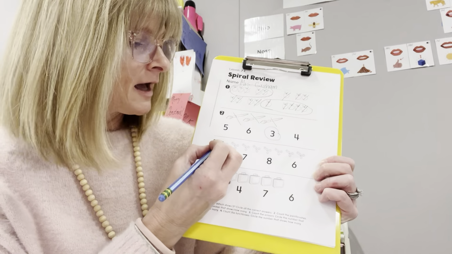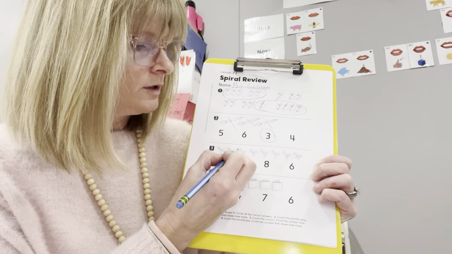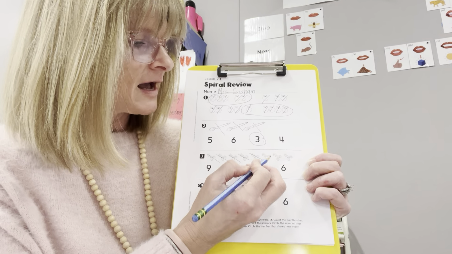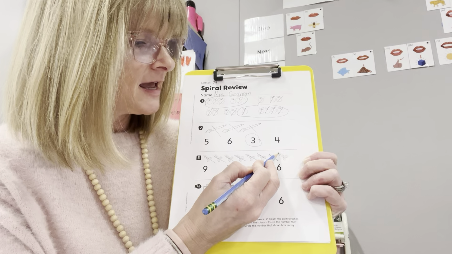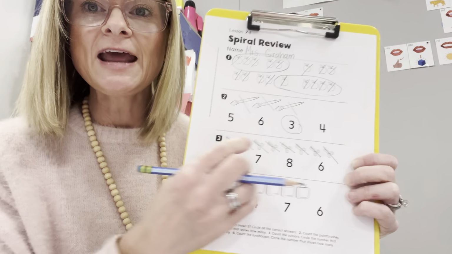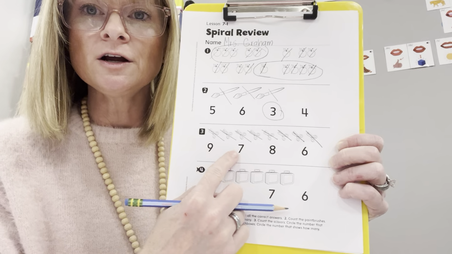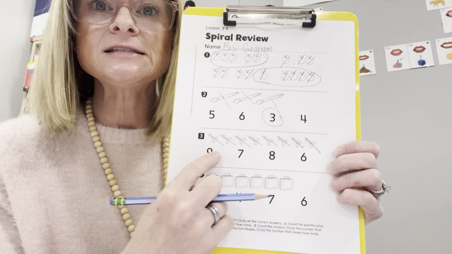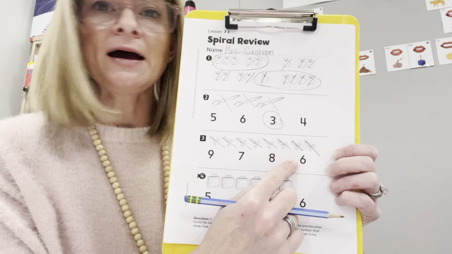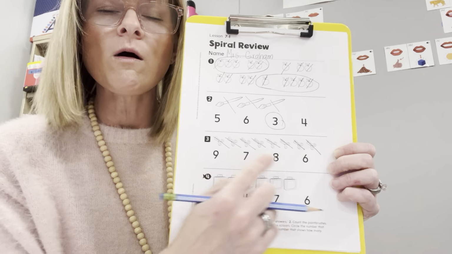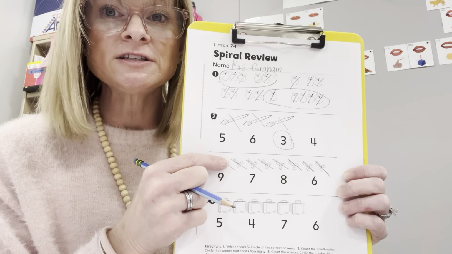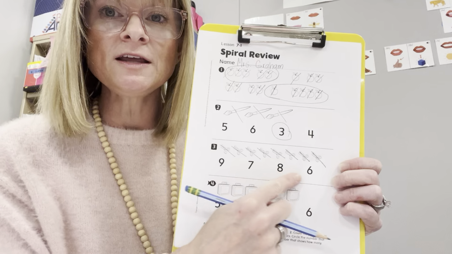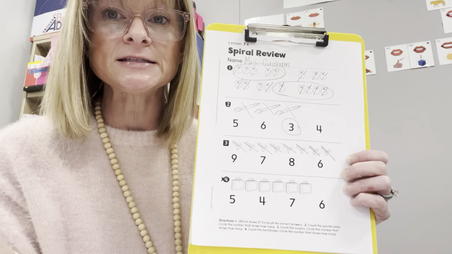Cross them out while we count. 1, 2, 3, 4, 5, 6, 7, 8. So we counted 8. So I want you to look here. Circle which one of these numbers is 8. I should not have anybody turn this in and say, oh, well, I didn't know what to do. We've counted the number 8. Circle which one of these shows the number 8.